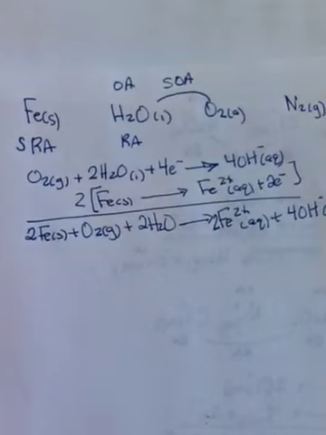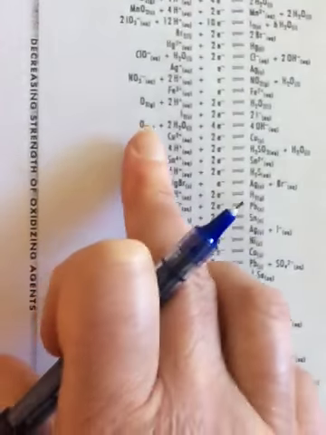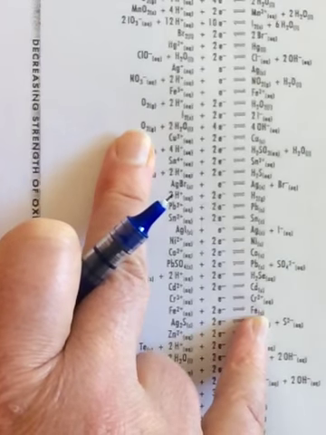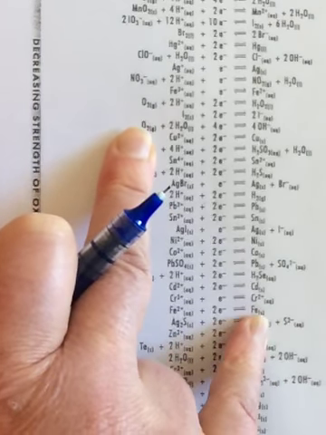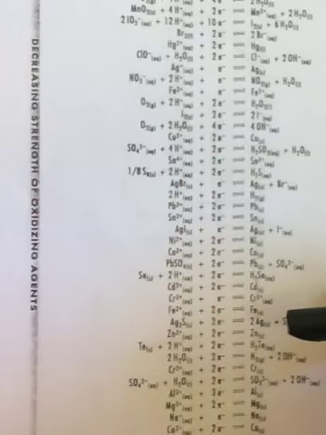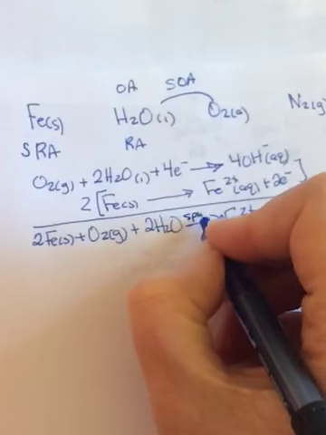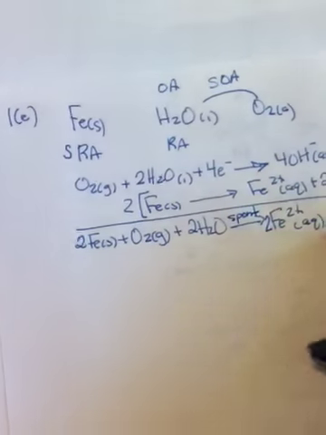Go back to your chart. Here's your O2. Here's your Fe. OA is above RA. It is spontaneous.